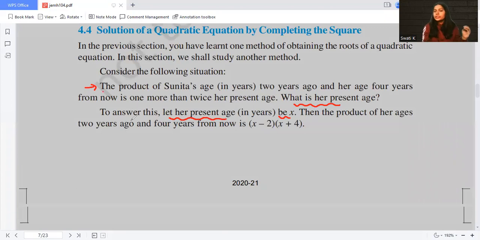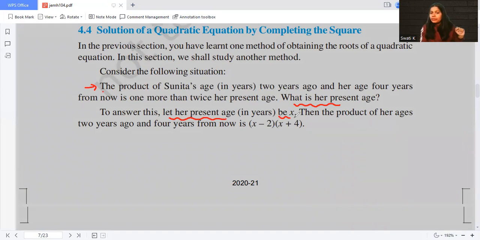Now read the question again. Do you know that the answer is fully available in the question only if you read the question properly? So let's understand this. We have taken: let her present age be X. Now the second information already given in the question is the product of, that means multiplication of, her age 2 years ago.